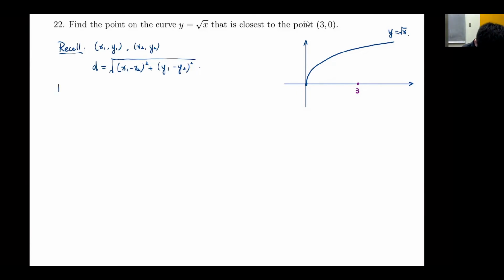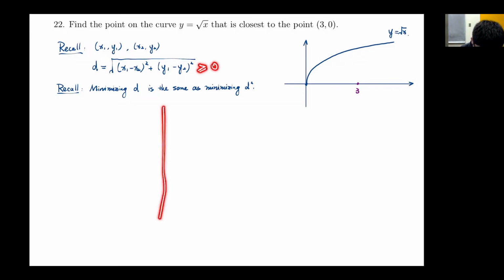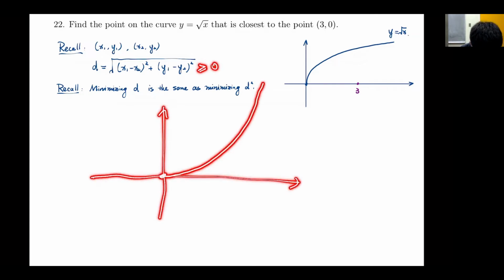And also recall another fact, that minimizing d is the same as minimizing d squared. Essentially, this follows from the point that first, d is greater than or equal to 0, and second, over the interval 0 to infinity, the function y equals d squared is an increasing function.